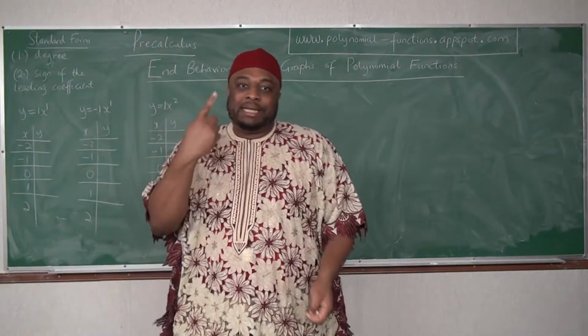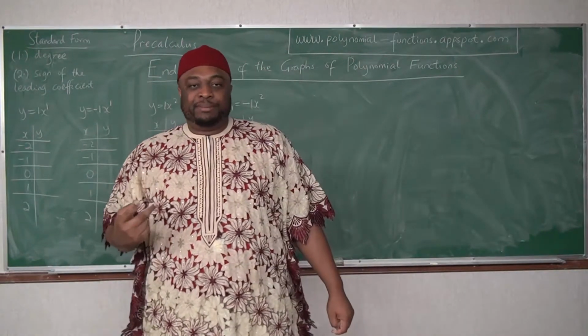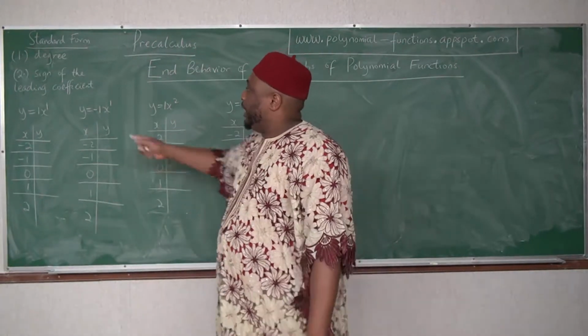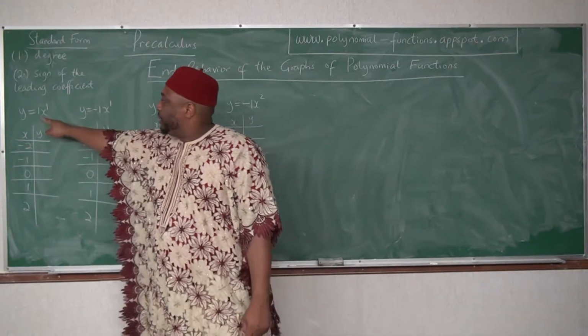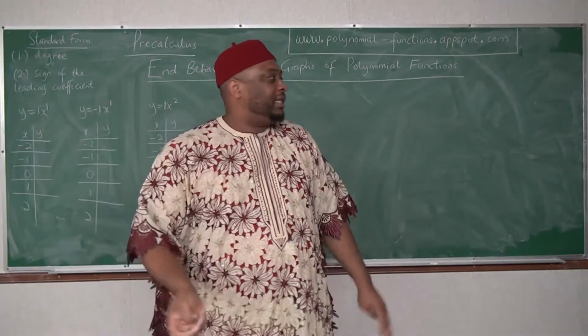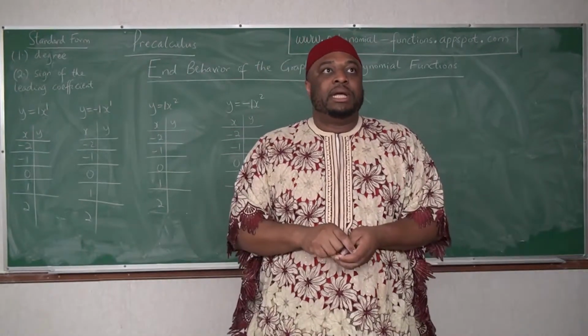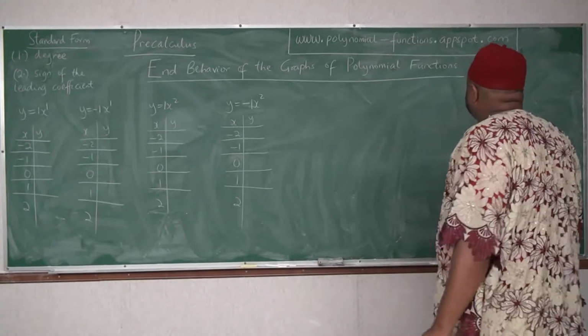We have 1 as an odd exponent, and 2 as an even exponent. And then the coefficient, you are looking at positive and negative coefficients. So this is what we're going to do here.